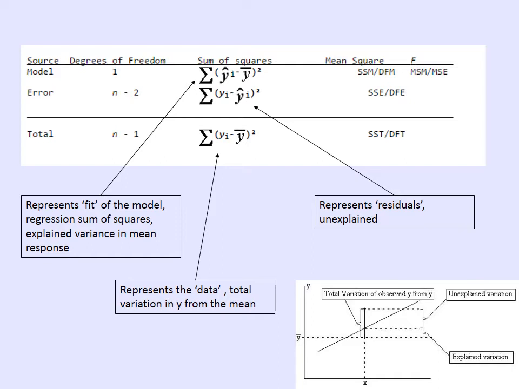In this case, the degrees of freedom is n, all the data points that we have, minus 2, so our sample size minus 2. Then we get the mean square error, which is the sum of squares divided by its associated degrees of freedom, and that goes into the F statistic calculation. And then the total sum of squares is the total variation in y from the mean. The graph shows that breakdown, and the table shows how the ANOVA table is filled out from these sources of information.